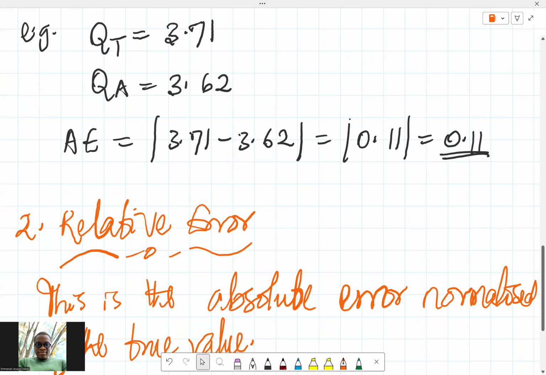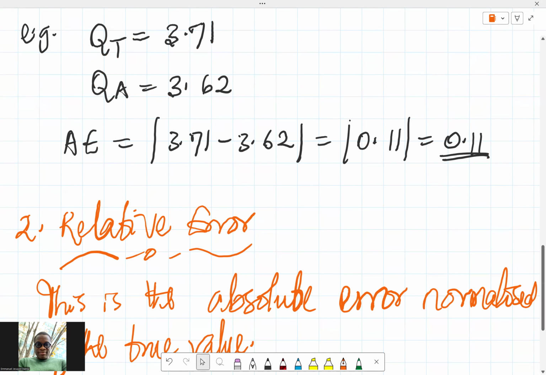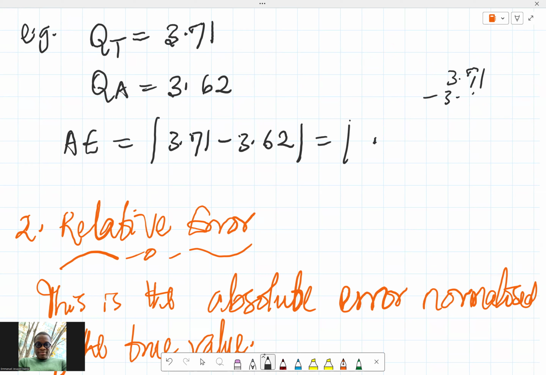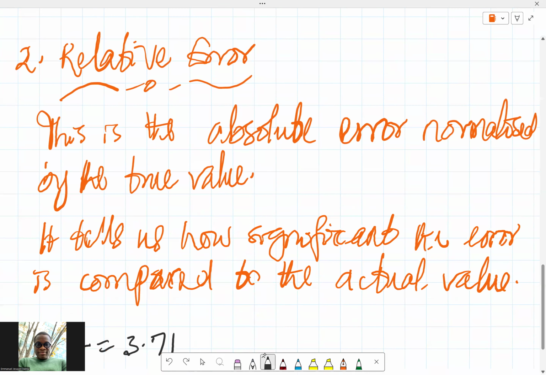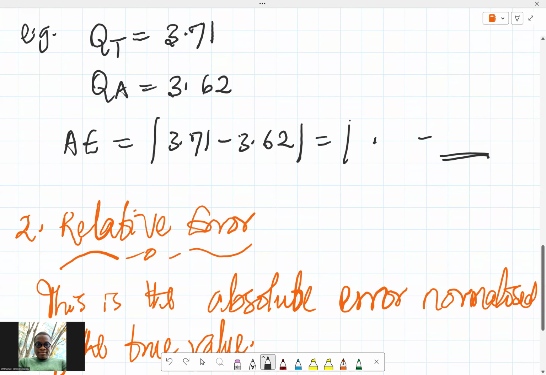I think this was wrong. 3.71 minus 3.62 should be 0.09. Apologize for that. So that is just 0.09.